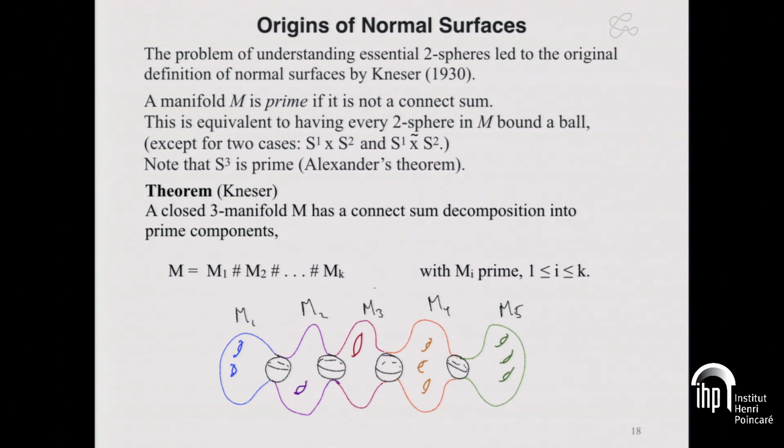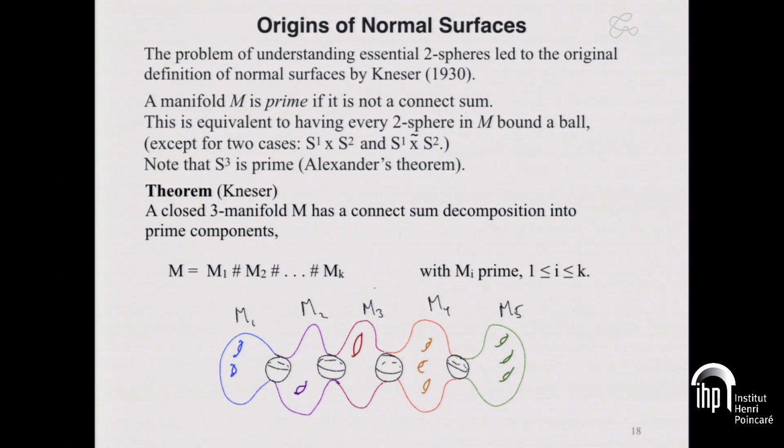Okay, so since Jeff gave us some algorithm theory this morning, we're going to take 10 minutes for some 3-manifold theory. So this is the origins of normal surfaces, which were discovered and introduced by Kneser in the 30s.